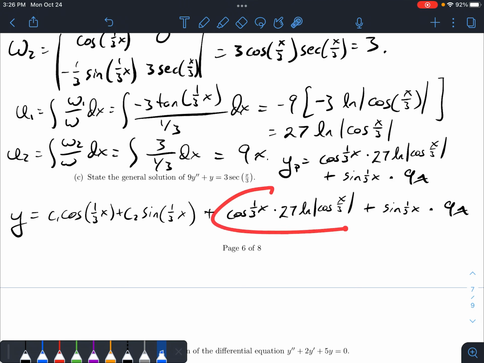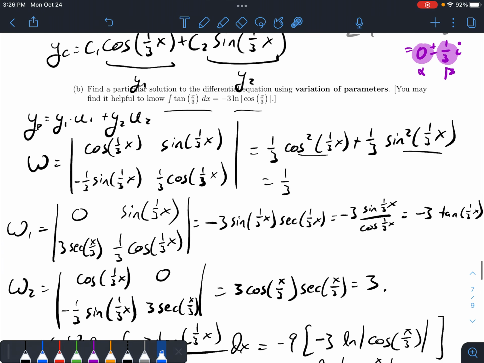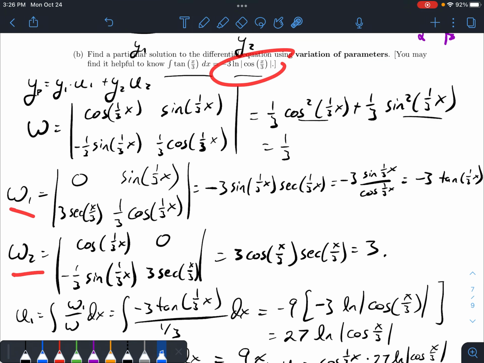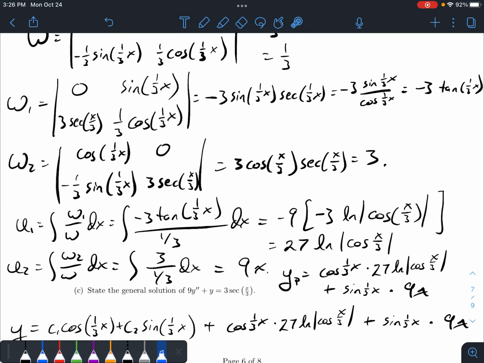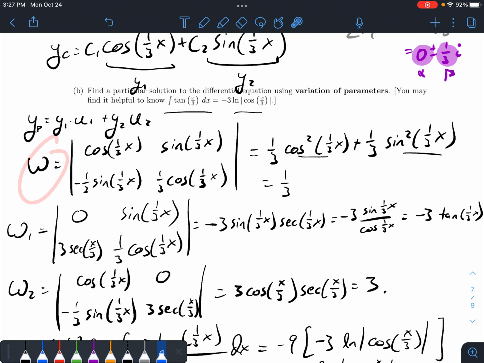All right. Variation of parameters problems are all the same sort of deal. For the integrals you end up doing with the W1 and the W2 to get your u1 and your u2, usually one of them is going to be more straightforward than the other, but make sure that you know your integration by parts and your u-sub and all that good stuff. When you're doing your Wronskians, make sure you know your basic derivatives.